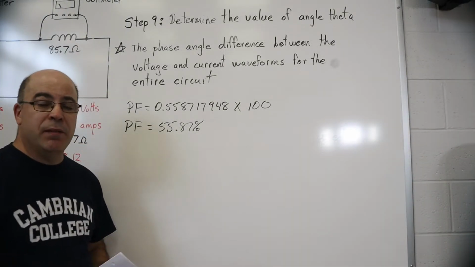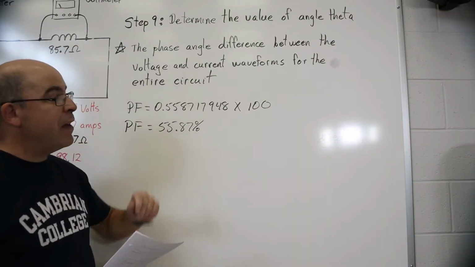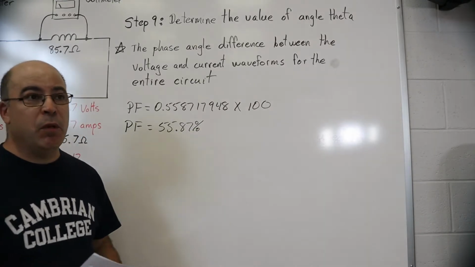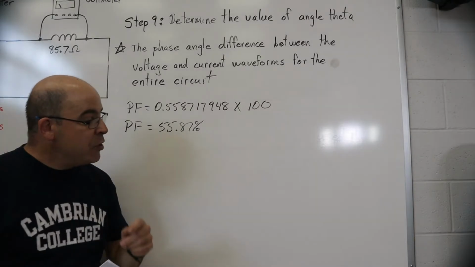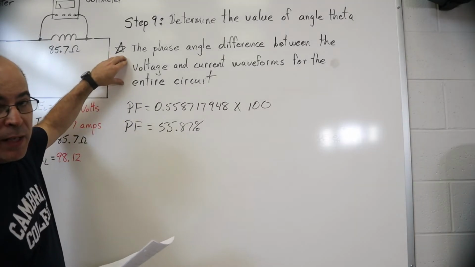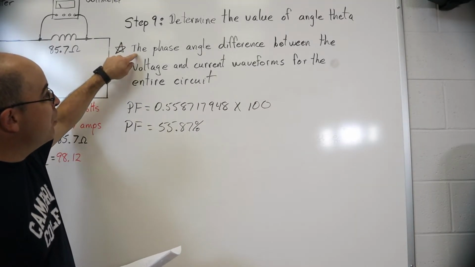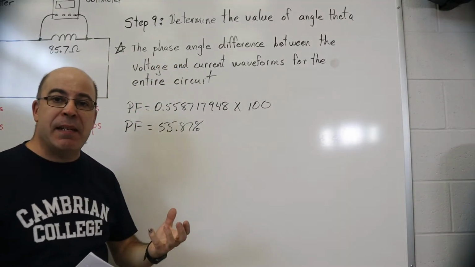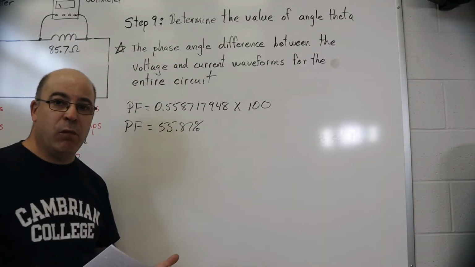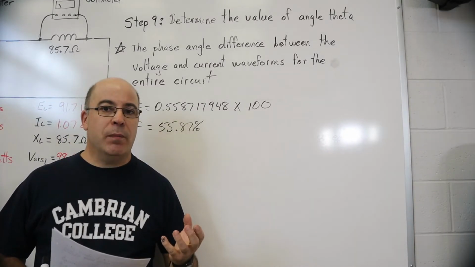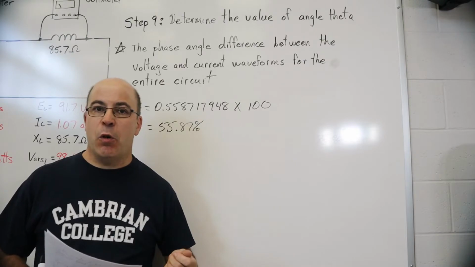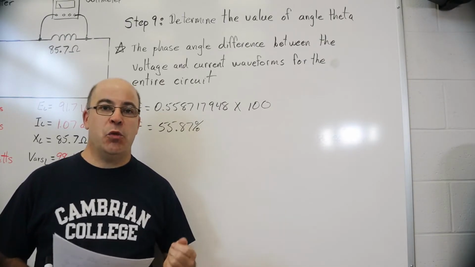Step 9 is our final step, and it involves finding the value of angle theta. In the textbooks, I don't think it's covered well, and I like to mention that with angle theta we're trying to find the amount of phase angle difference that exists between the voltage and current waveforms. Yes, the current waveform can be seen using an oscilloscope as well as the voltage waveform.